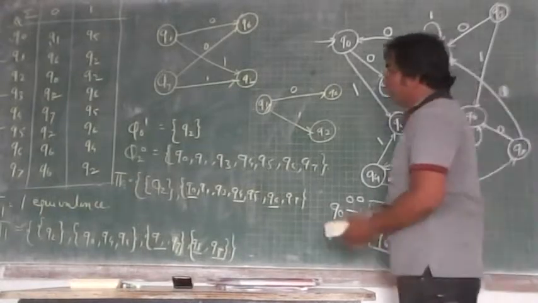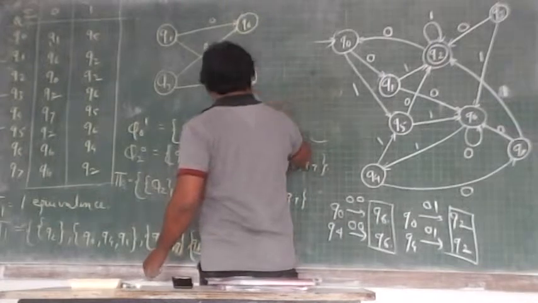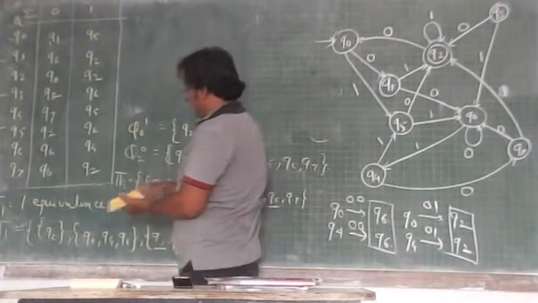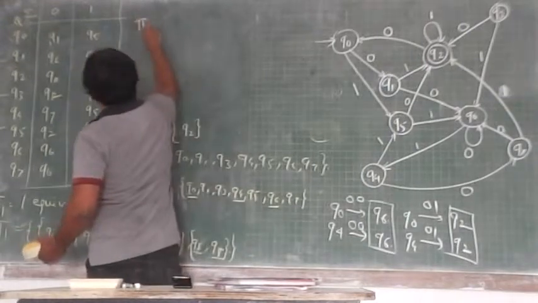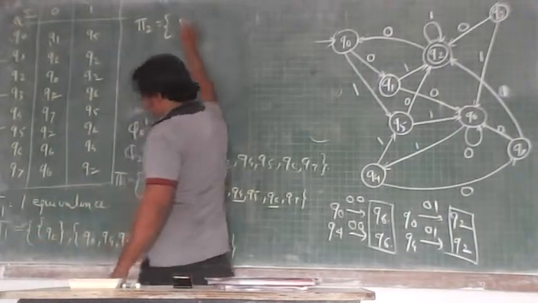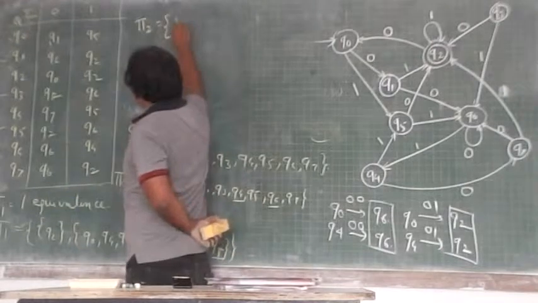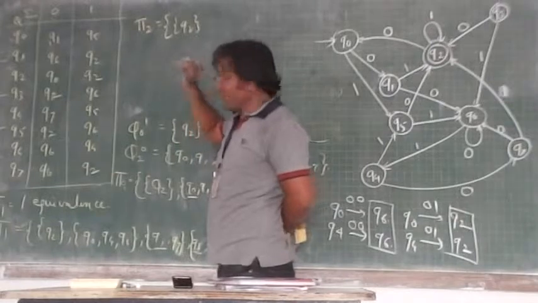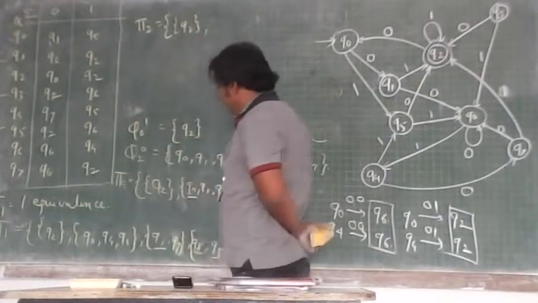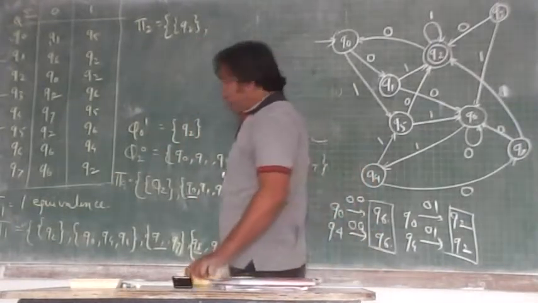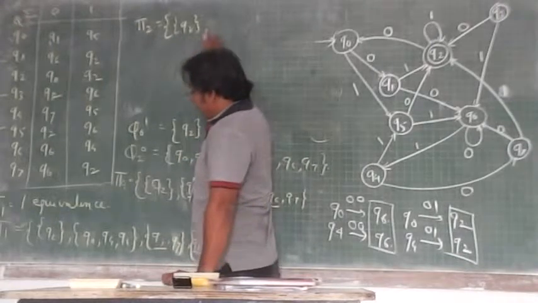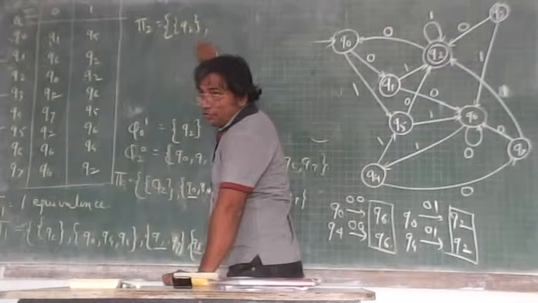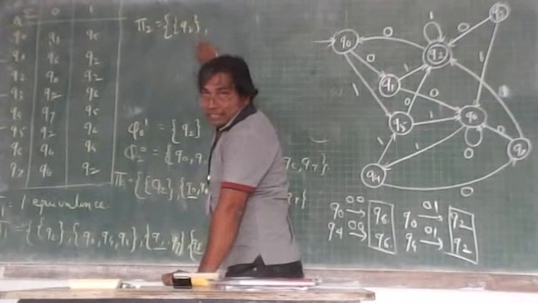I need to go for Phi2. So Q2 is always there. Q2 cannot be partitioned. It will remain as it is. Now for Phi2, two equivalents for a string of length 2, find the equivalence of two states.